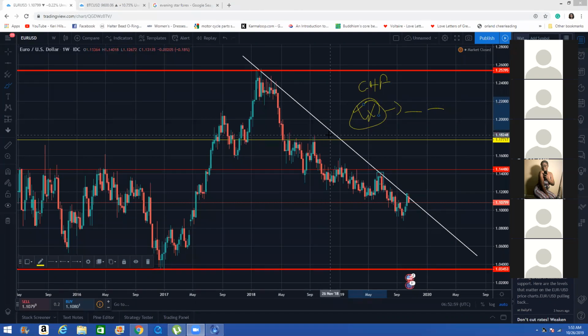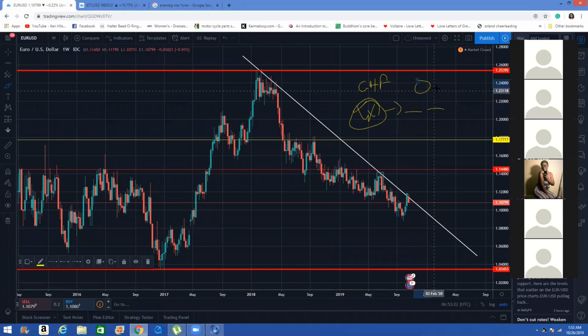0.10 is what kind of lot? What kind of lot is that column? It's a mini lot. So that's which one I'm talking about.